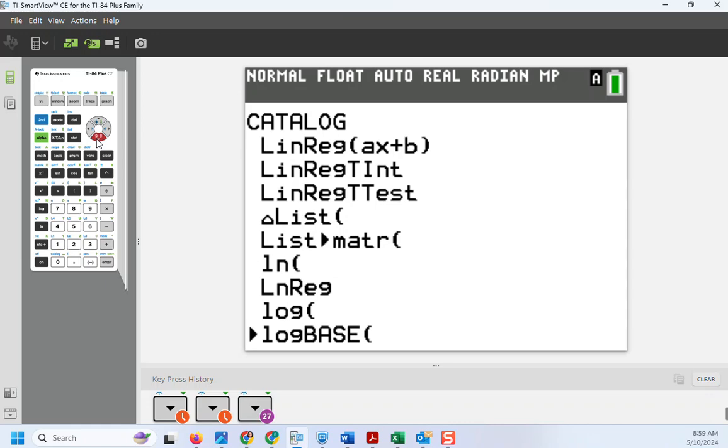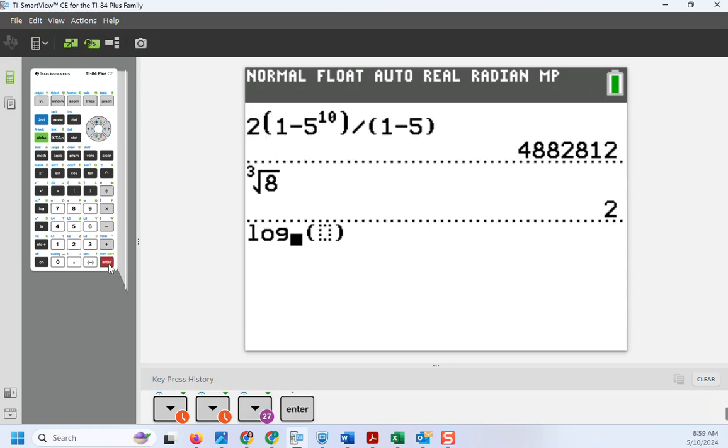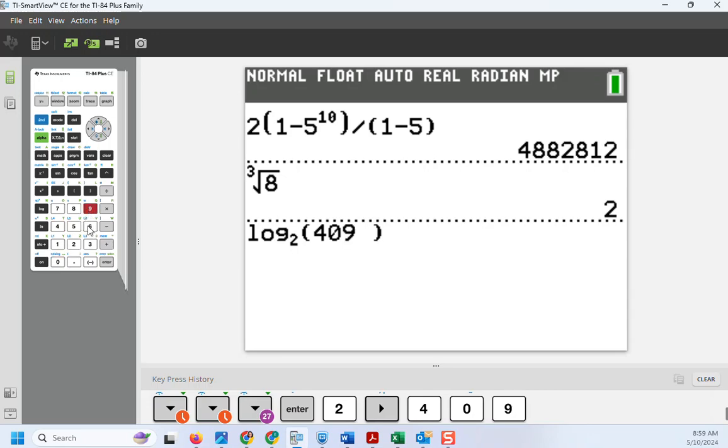Okay, when you get to log base, press enter. And then you can do log base 2 of 4096. And you get 12. And that's it.